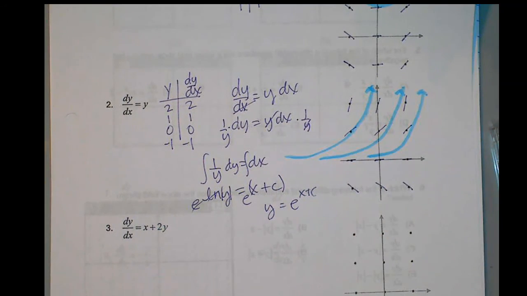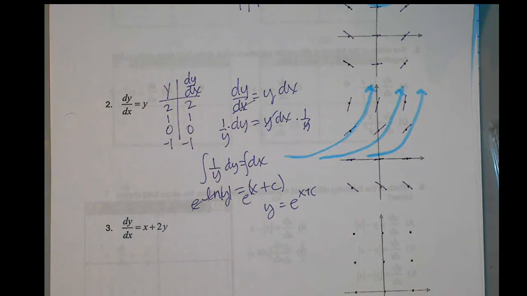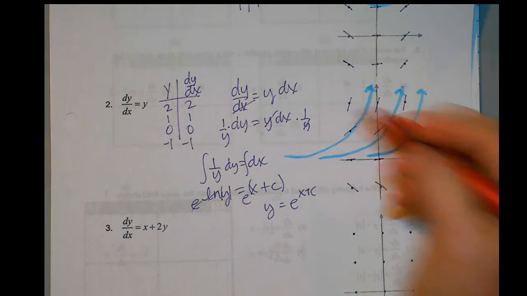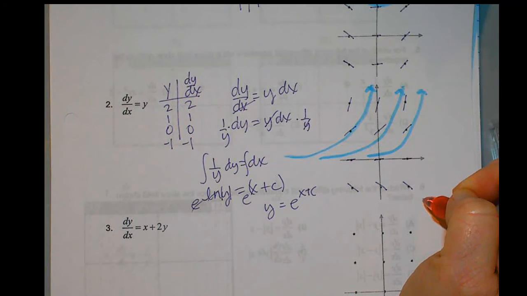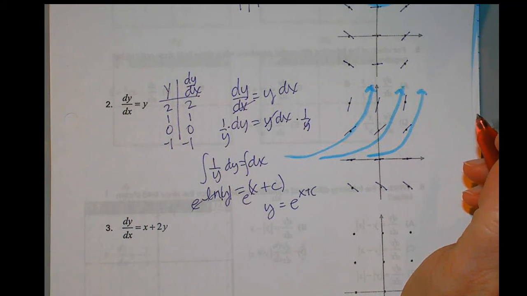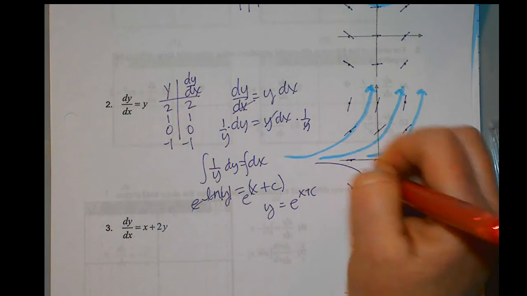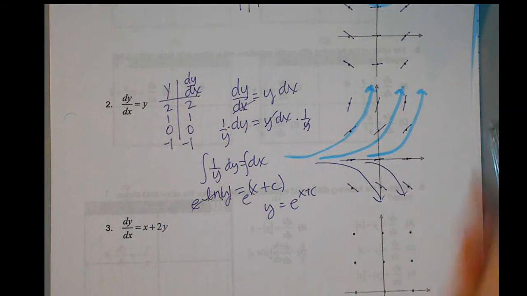I'm going to leave it there for now. We're going to solve that more later, but this looks like an exponential now. Depends on what c is. These look like exponentials that have a negative. It has been flipped over, and I don't know what c is, so they could totally do this as well. They could also go down. I don't know what my c is, so I can't solve for that. So these go together.